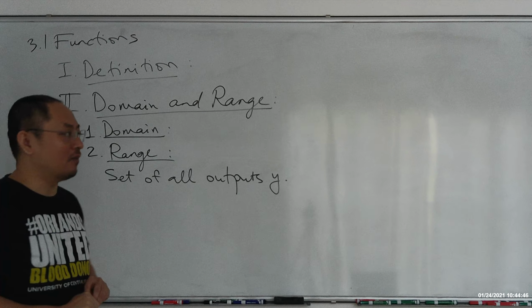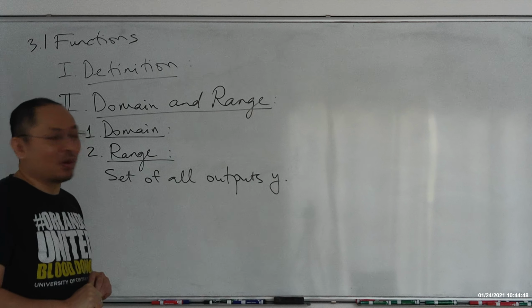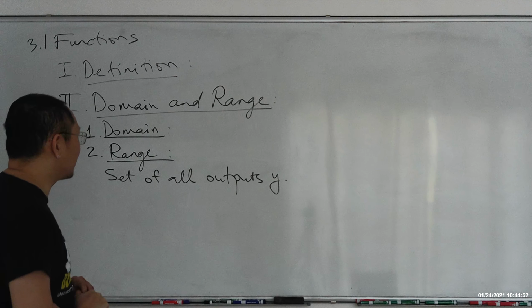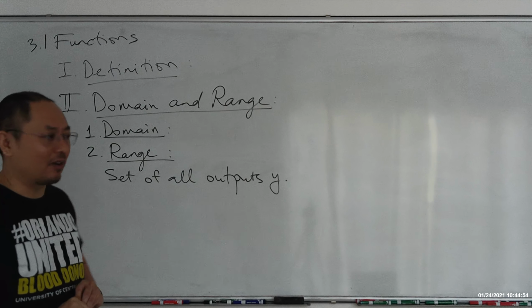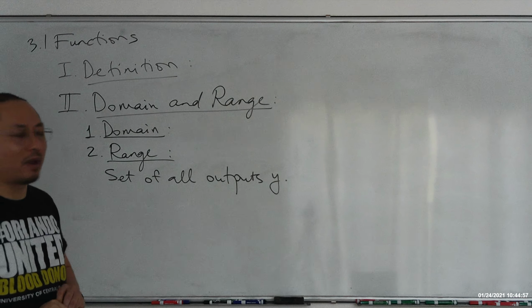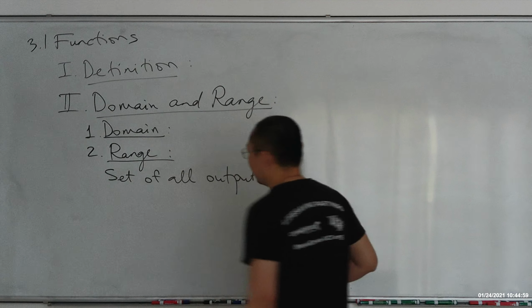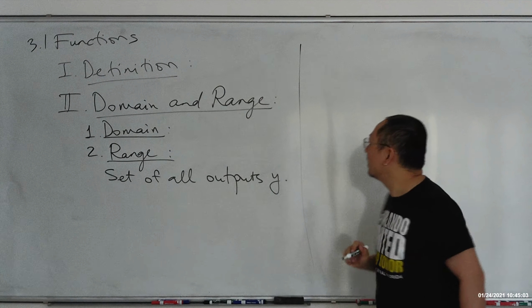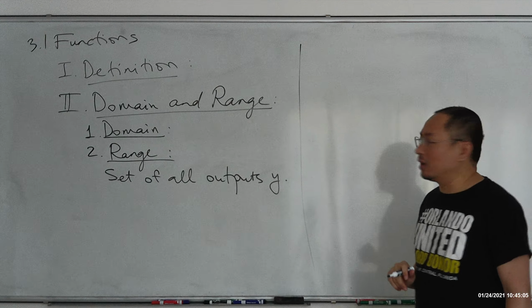One more time, I have to emphasize that our observation may not be correct. But for now, we're going to accept the method. By looking at the graph of the function, we can find the domain or the range of the function. Okay? We can kind of guess what the domain and the range are going to look like.